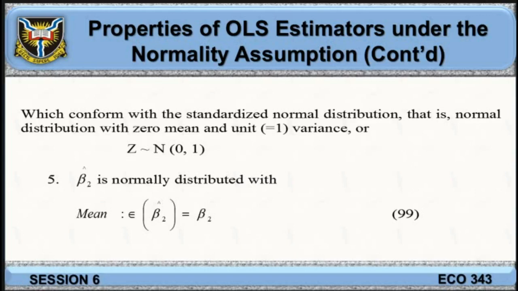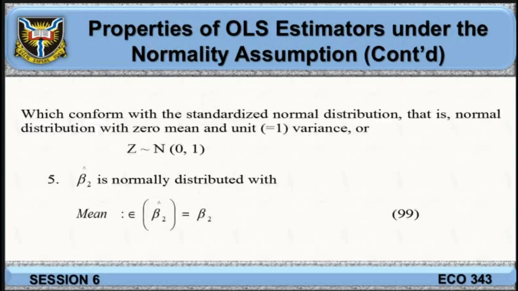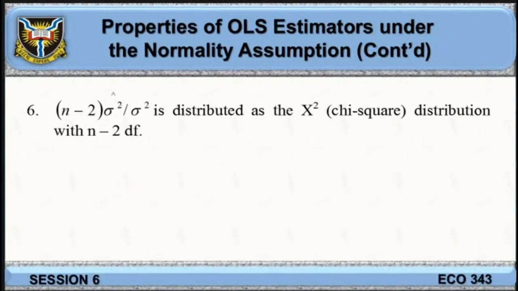5. Beta 2 estimator is normally distributed with equations 99 and 100 below, and also conforms with the standardized normal distribution, that is, a normal distribution with zero mean and unit variance, or Z is distributed N(0, 1). 6. (n minus 2) times variance estimator over variance is distributed as a chi-squared distribution with n minus 2 degrees of freedom. 7.